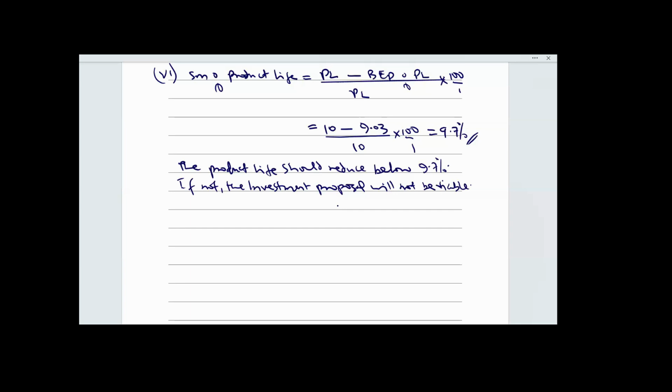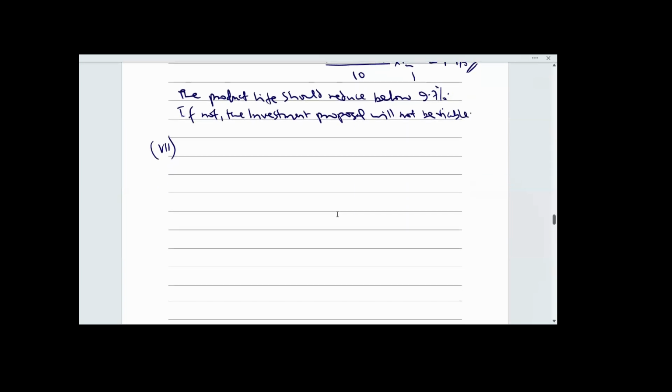So the last one, sensitivity margin of cost of capital, which is calculated as internal rate of return minus cost of capital, divided by cost of capital, multiplied by 100 over 1.